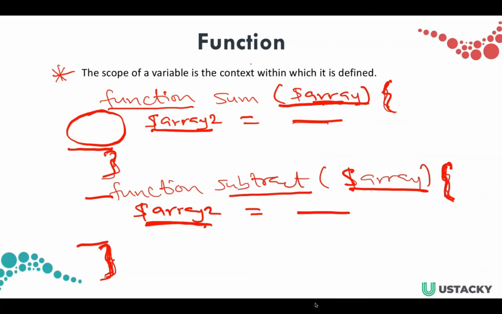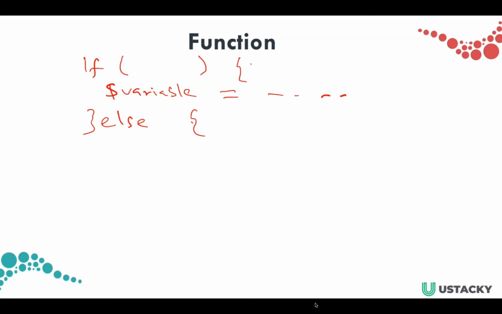Let's cite another example. If you have an if-else statement, if a condition is met, then a variable, let's call it variable, equals a certain value. Else, we are using the same naming, variable is also some other value.